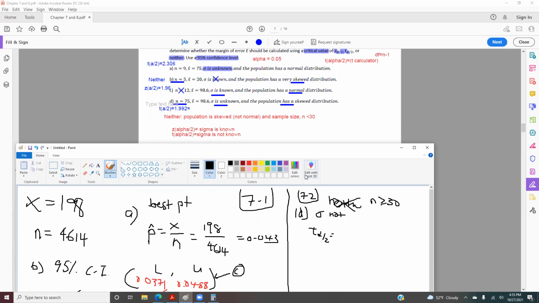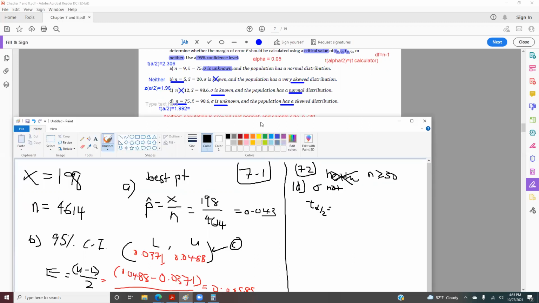So the degree of freedom, is that only used when it comes to the T calculator? Yes. And T only finds degree of freedom, which in this case will be 74. And then you take P(X greater than or equal to) blank, and this is equal to 0.05 over 2. And this is your answer, which is 1.992.